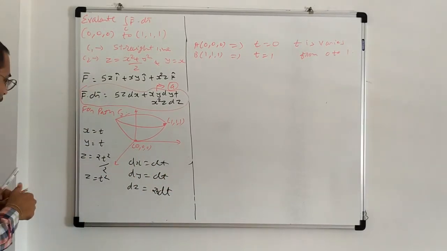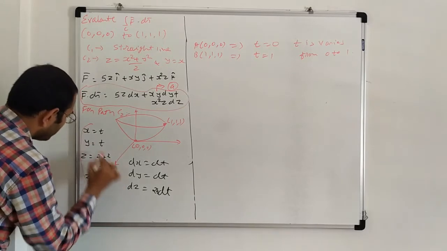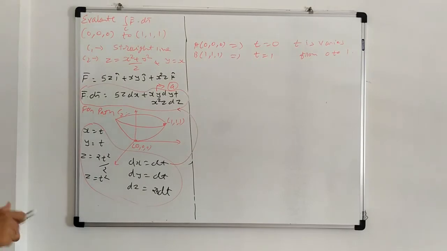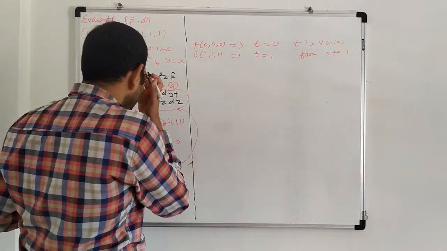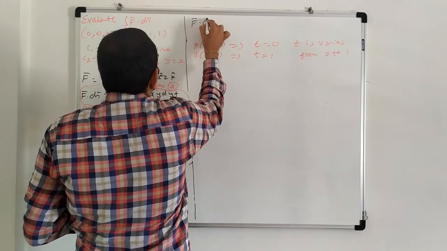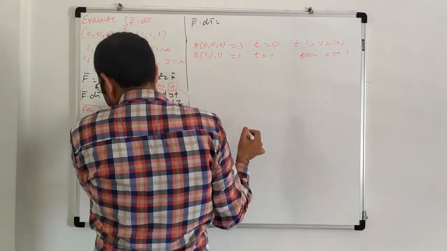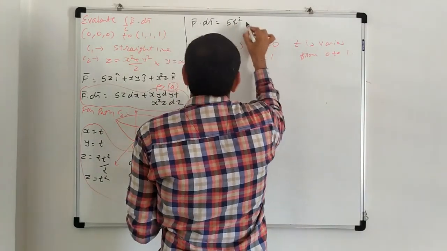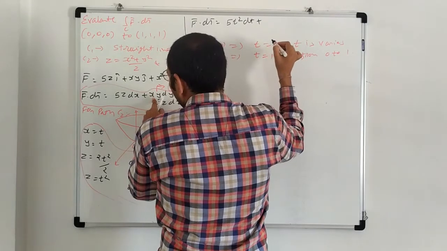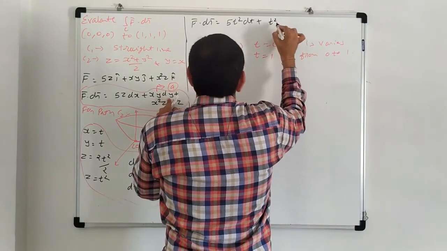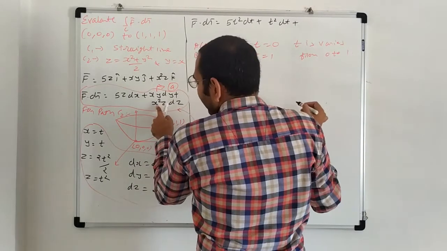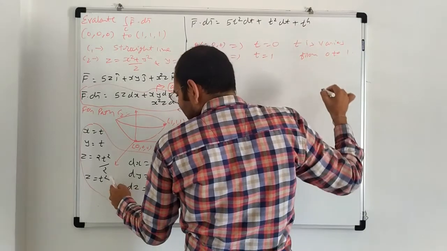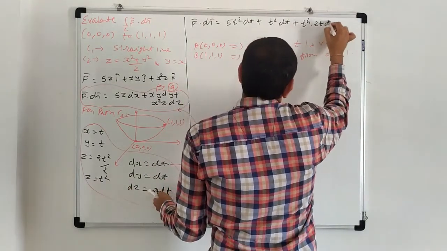Substitute these values in this equation and we get the integral of f bar dr. Then z equal to t squared, so 5t squared dx equal to dt, x equal to t, y equal to t, then again t squared dy equal to dt, x squared equal to t squared, and z equal to again t squared, then we get t raised to 4, and dz equal to 2t dt.